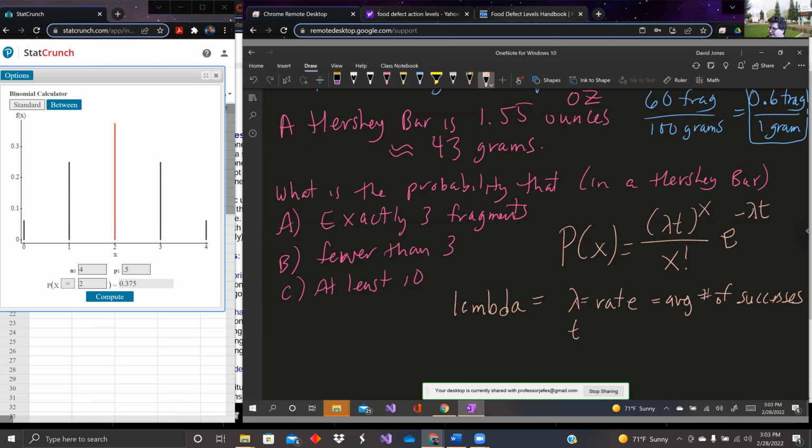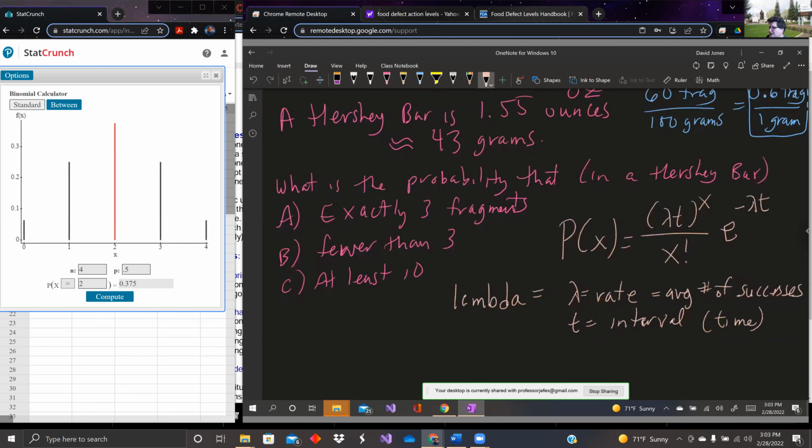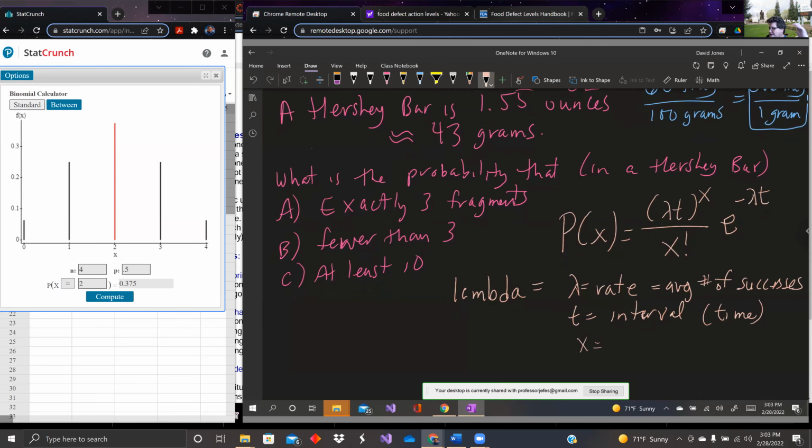And T is the interval. Often it's time, and that's why we use T. And again, X is obviously the number of successes. So in this problem, I am calling a success the chocolate having 1 fragment.